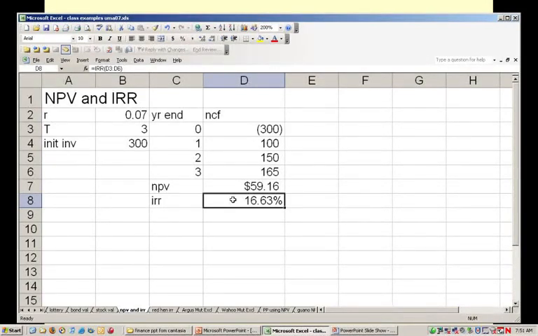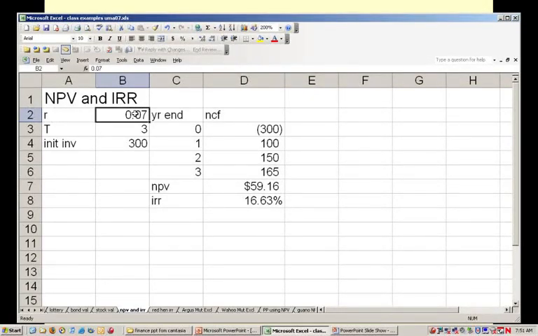A second interpretation is that the rate of return on this investment of 16.63% is higher than our discount rate. That means, according to the IRR rule, that this investment is a good one. It's one that will add value to the firm because the rate of return on the investment exceeds the discount rate.